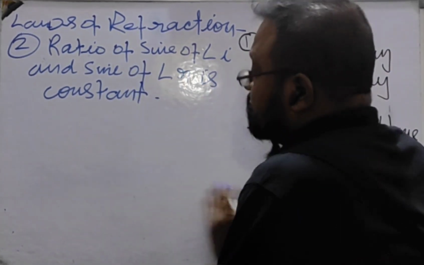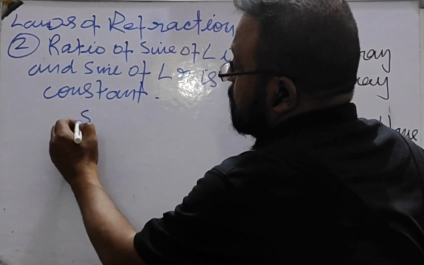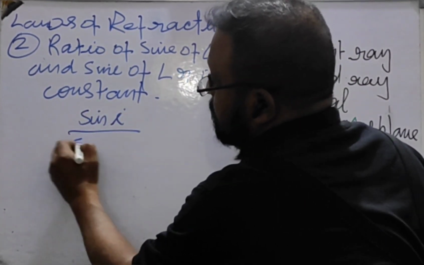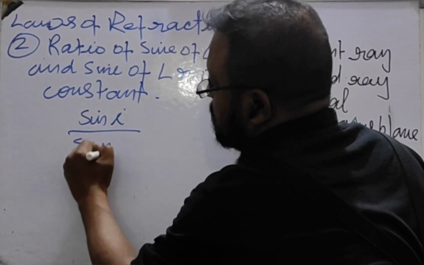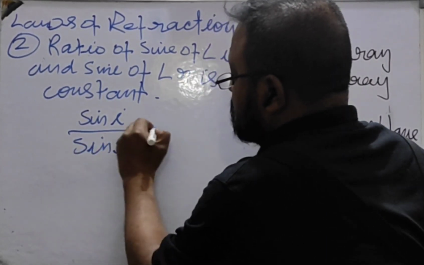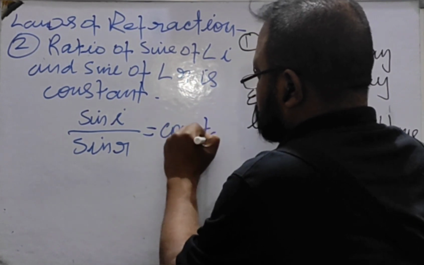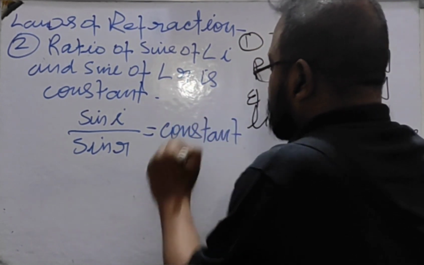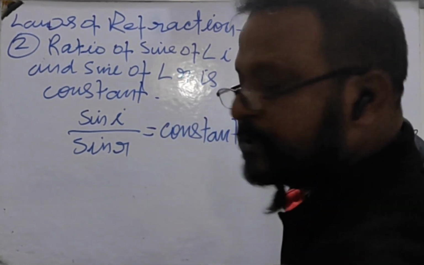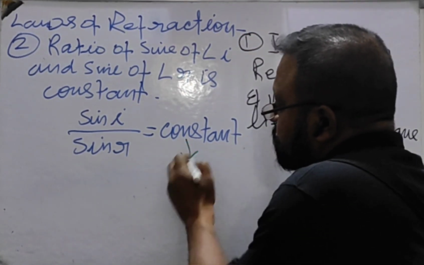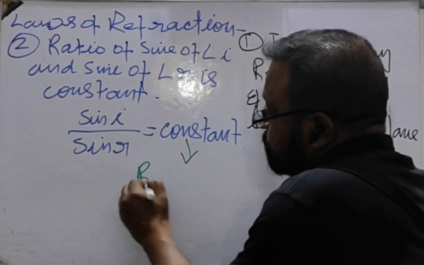It means sine i upon sine r is equal to a constant, right? And this constant is known as refractive index.